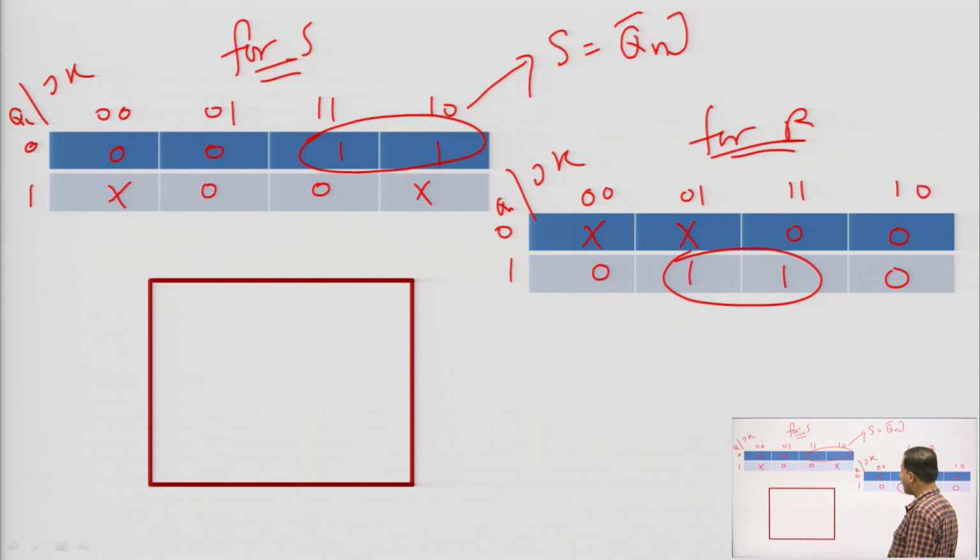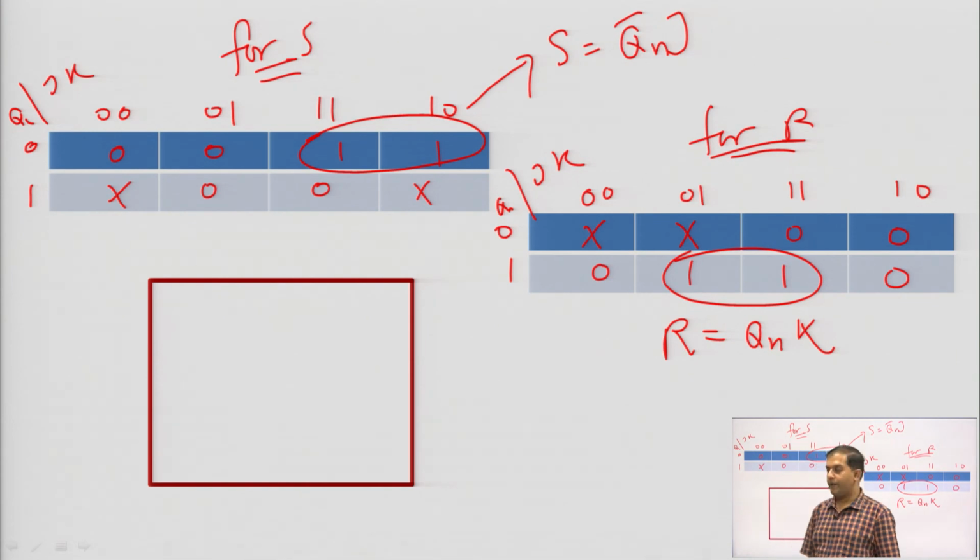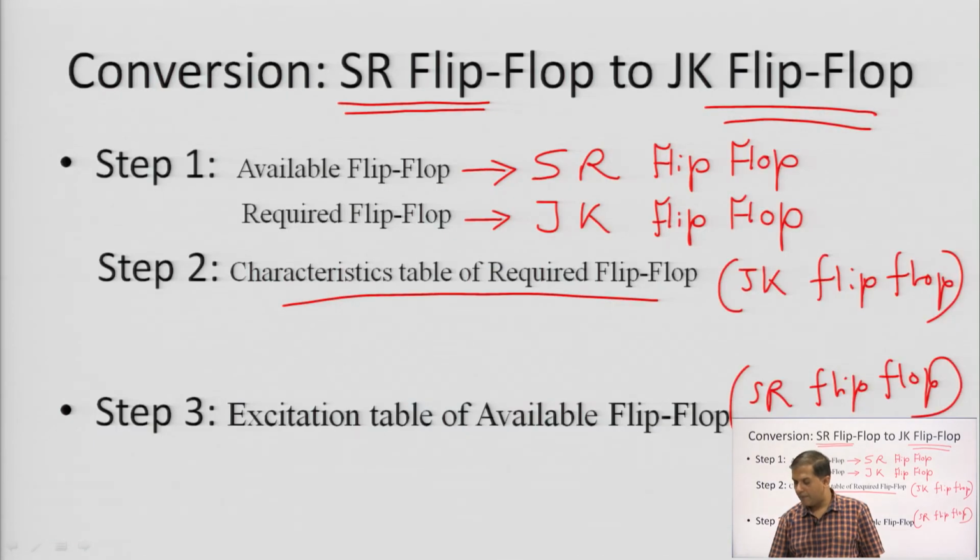For R we will be having R is equal to Qn K. Clear? For S we will be having one equation as Qn bar J and for R we will be having Qn K.